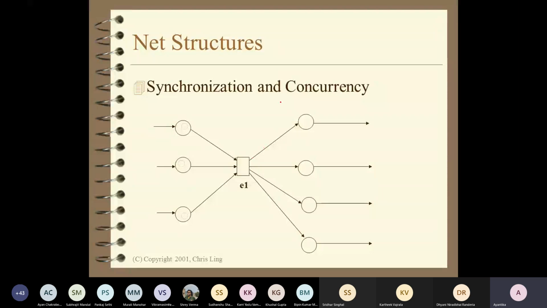After that, if multiple tokens take a concurrent path, those states and their state transition conditions can also be modeled. If you think about FSM or state charts, this is not easy to model with such an easy visual representation or state change. It is not easy to handle this synchronization and concurrency.